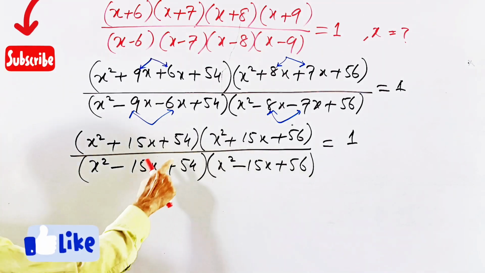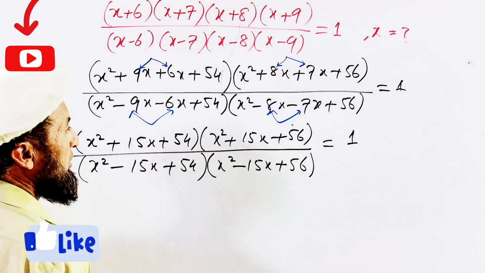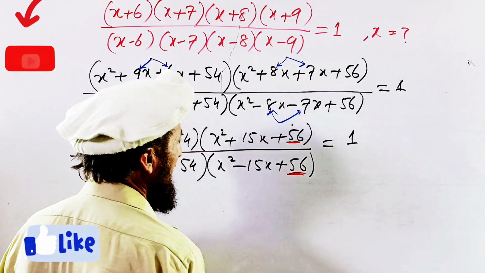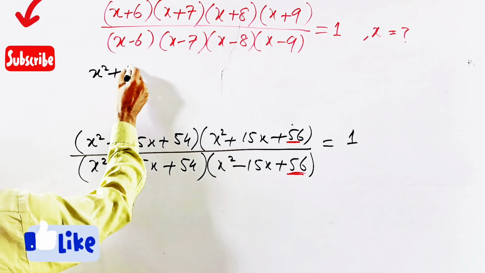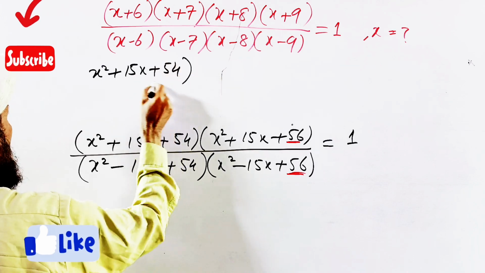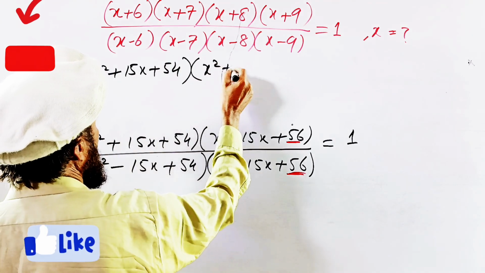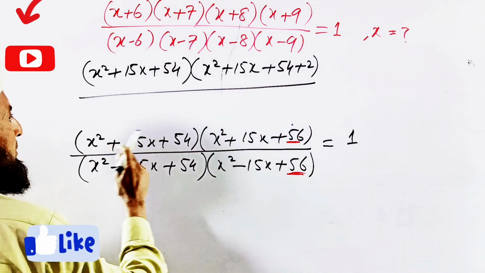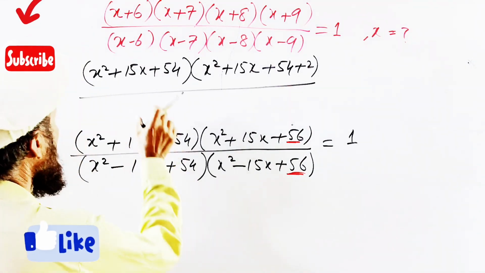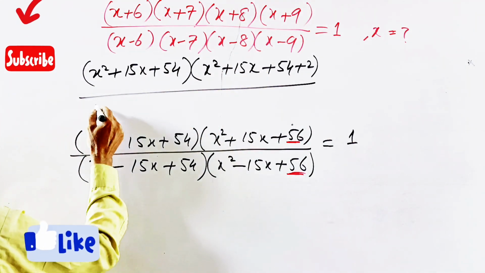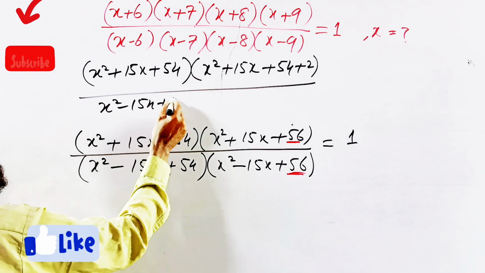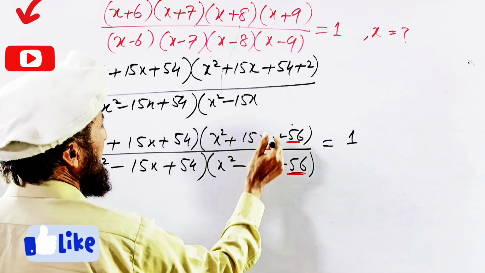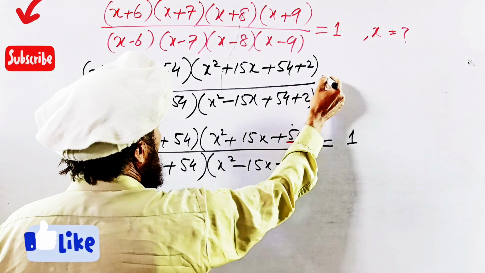Now the last terms here are 54 and 56, and we can write 56 as 54 plus 2, because we are making these terms the same. Now (x square plus 15x plus 54) into (x square plus 15x plus 54 plus 2) divided by (x square minus 15x plus 54) into (x square minus 15x plus 54 plus 2) is equal to 1.